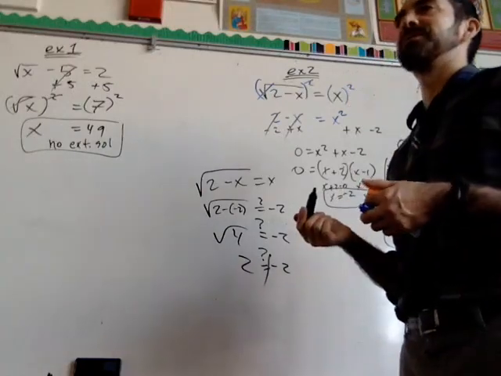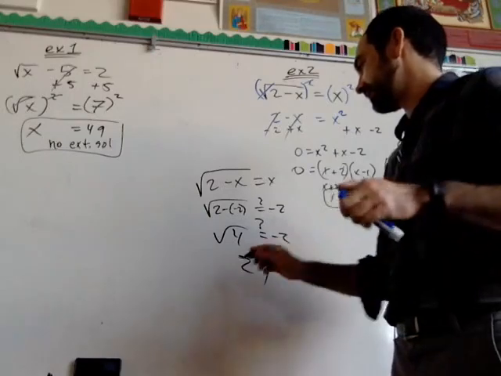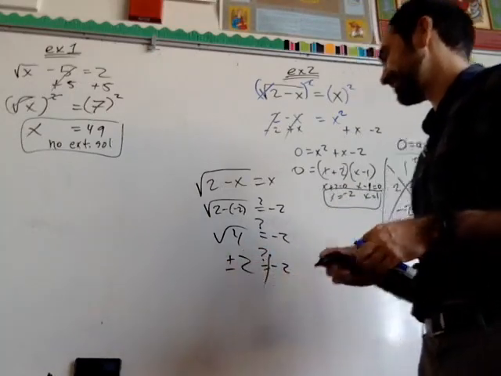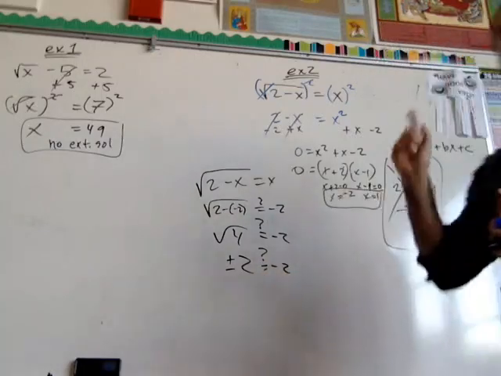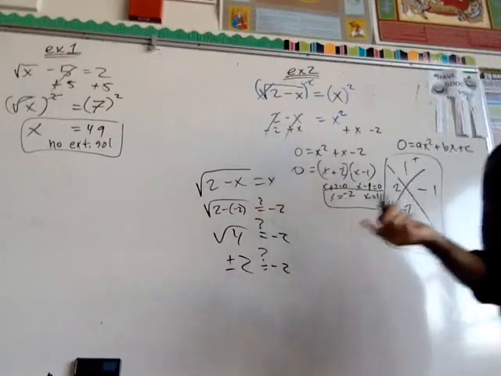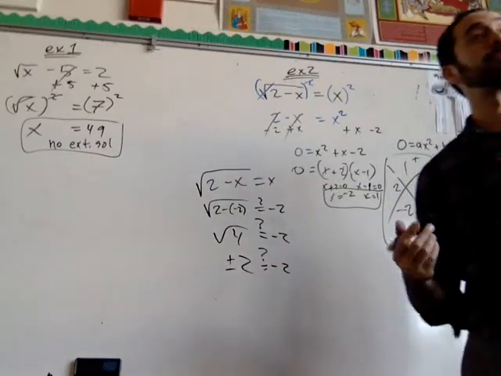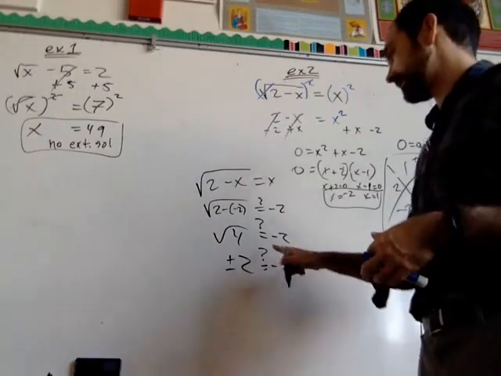This is also true. The square root of 4. What times what gives you 4? Negative 2 times negative 2, positive 2 times positive 2. So actually, in this case, yeah, this actually does work out.